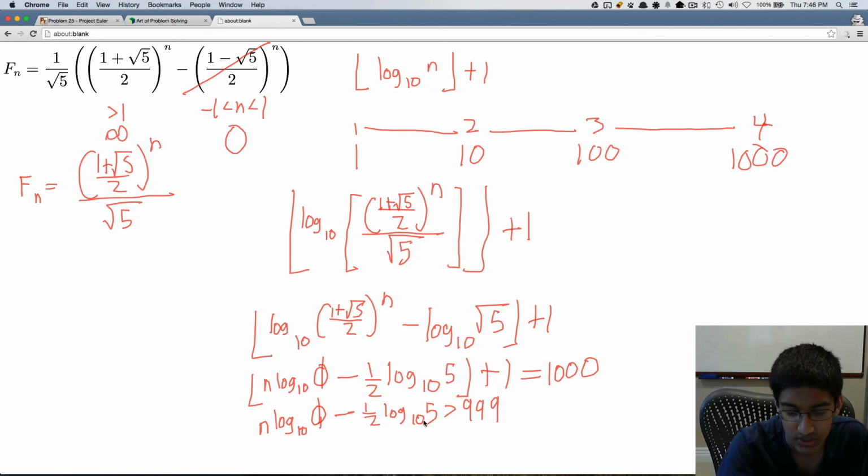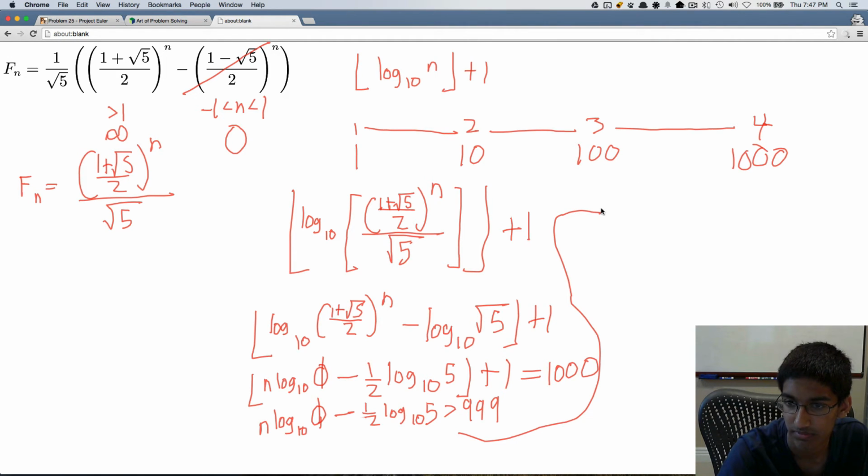So first we would move this over, so that would give us a plus 1/2 log base 10 of 5, and then we would divide it by this. So let's do that. I'm going to write that over here. So we're taking this and we're going to continue here.